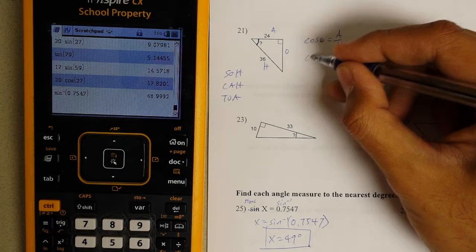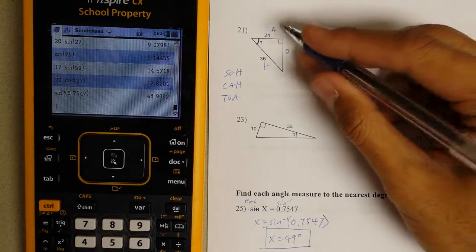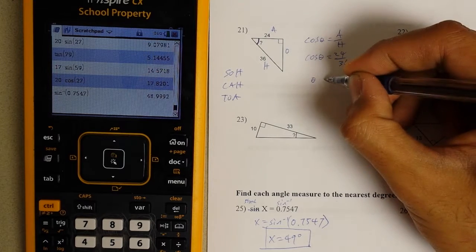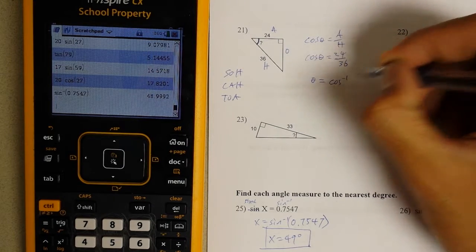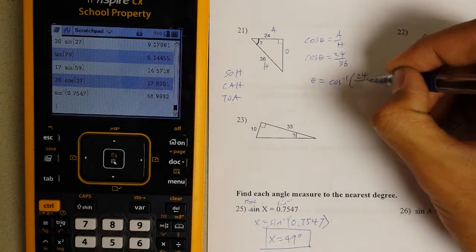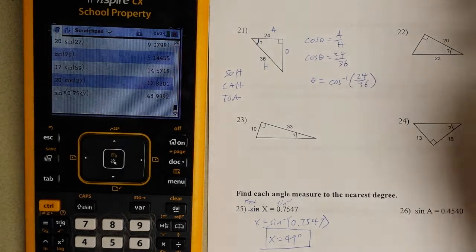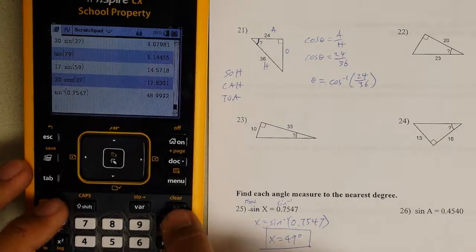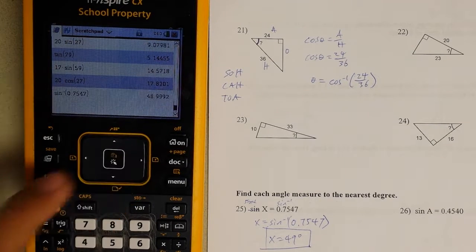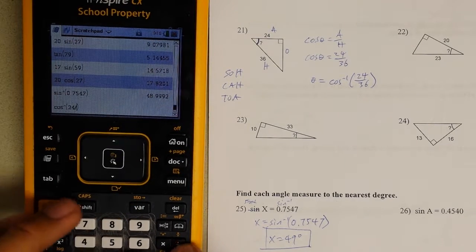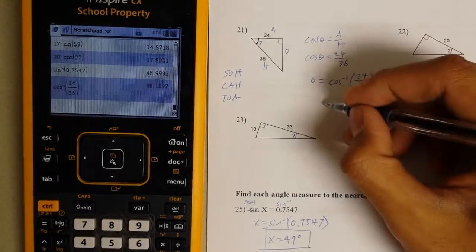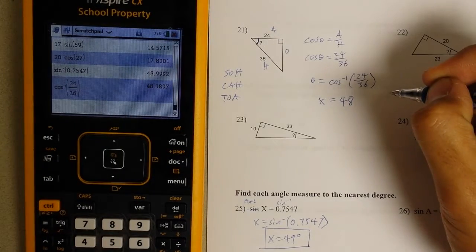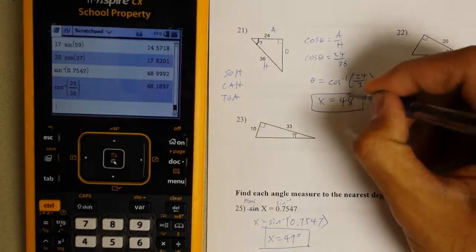Cosine of theta equals 24 over 36. So theta equals the cosine inverse of 24 over 36. That's going to be x equals 48.2, so that's x equals 48 degrees.